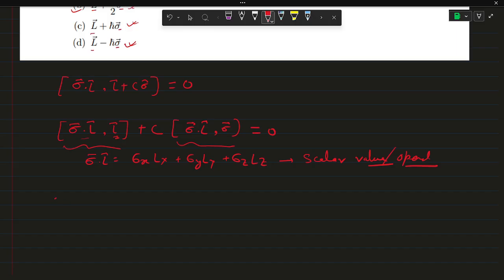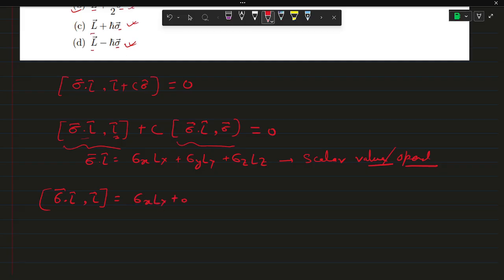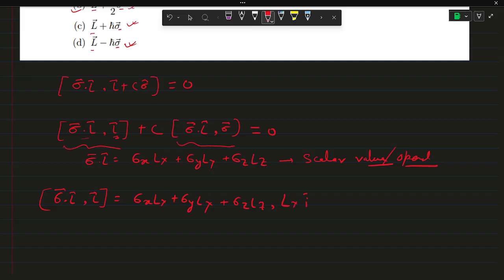So sigma dot L is sigma x Lx plus sigma y Ly plus sigma z Lz, with Lx i cap plus Ly j cap plus Lz k cap.